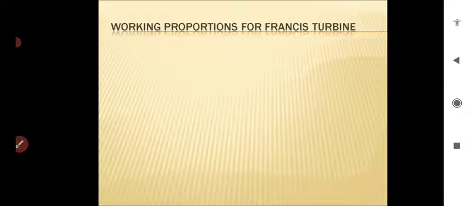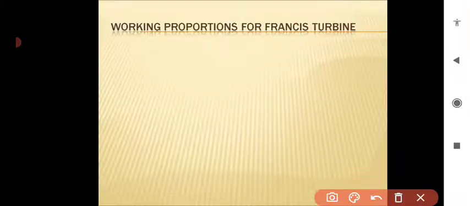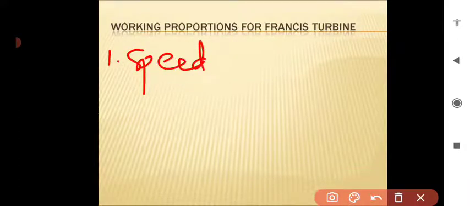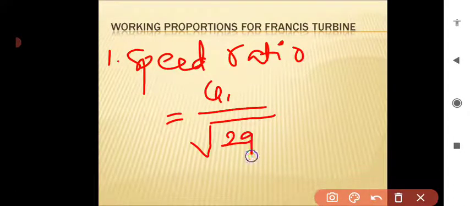Now, working proportions for the Francis turbine. The first one is the speed ratio. Speed ratio is equal to u1 by under root 2gH, where u1 is the peripheral velocity at inlet and H is the head available at inlet to the turbine.